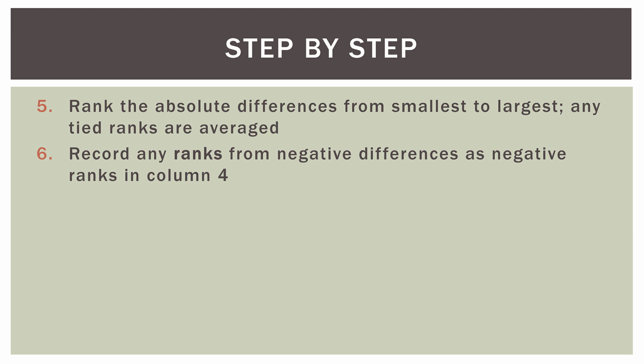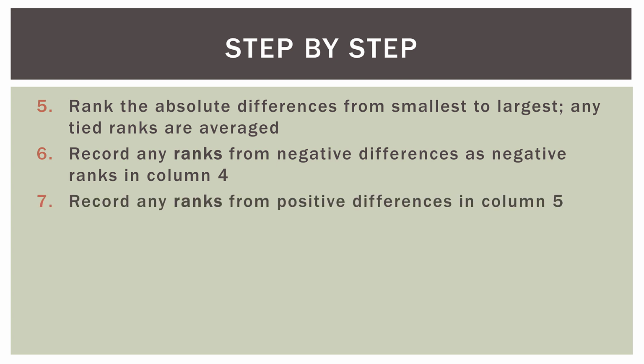Number 6, record or note any ranks from negative differences as negative ranks in column 4. So this is really the important part. This and the next step are sort of the meat of the Wilcoxon Signed Rank Test. So we have our absolute differences. Of course, they're all positive because they're the absolute differences. But in that column, we're going to note which ones were from negative differences when we first did the subtraction in the first couple steps.